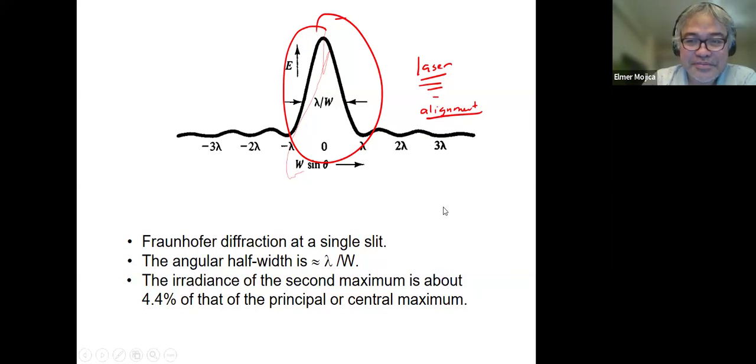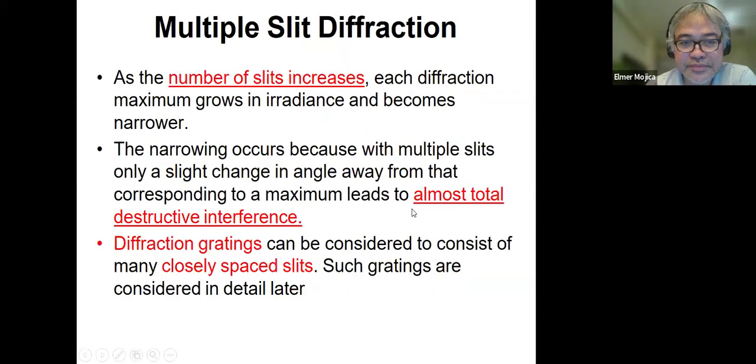You should try to adjust the slit until you get the pattern. And you can also have multiple slit diffraction, because what we did is a single slit. Now, if you increase the number of slits, each diffraction maximum grows in irradiance and becomes narrower.